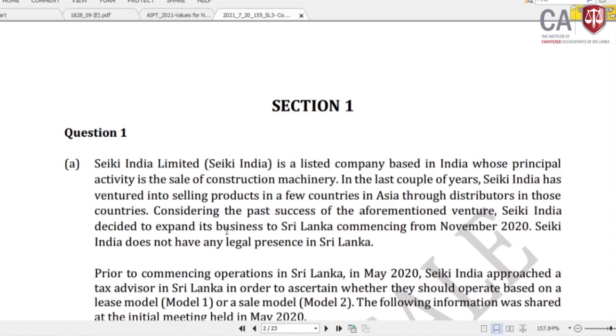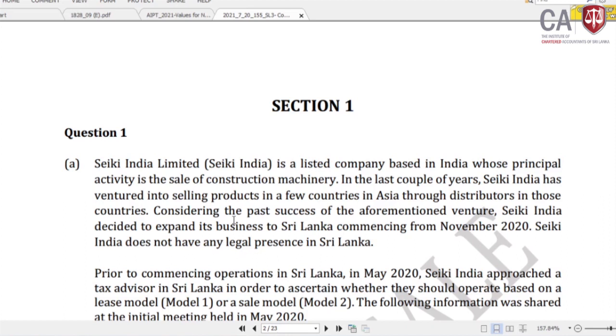Considering the past success of the aforementioned venture, Seiki India decided to expand its business to Sri Lanka commencing from November 2020. Seiki India does not have any legal presence in Sri Lanka.